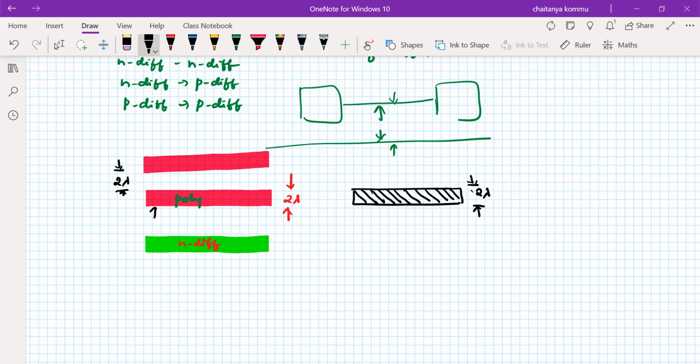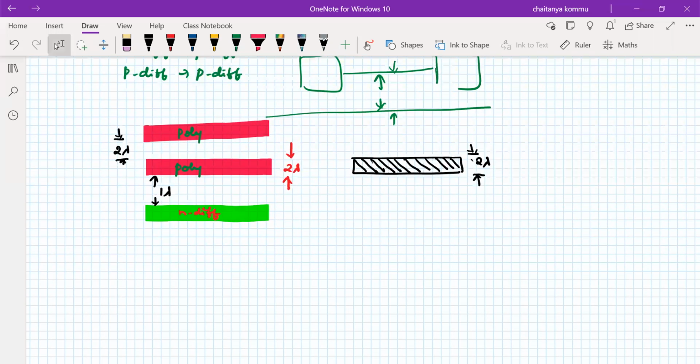The minimum distance between poly and diffusion is 1 lambda, but for poly to poly, we should maintain 2 lambda. Otherwise, there is a problem. Is it clear to all of you? Hope you understand this. Whenever we have two polys near to each other, we have to maintain minimum 2 lambda.